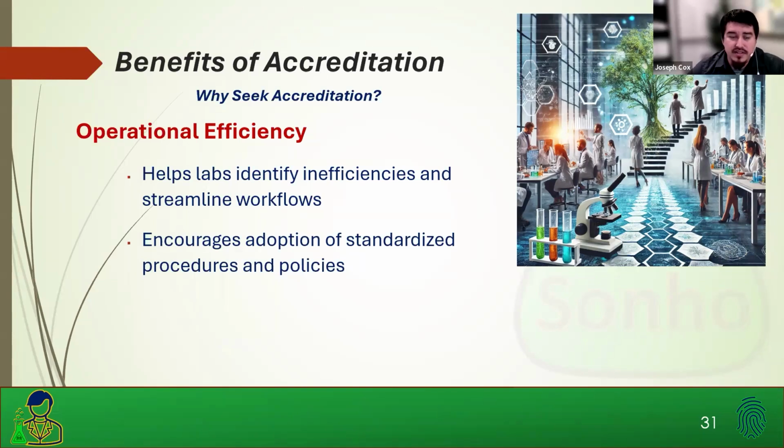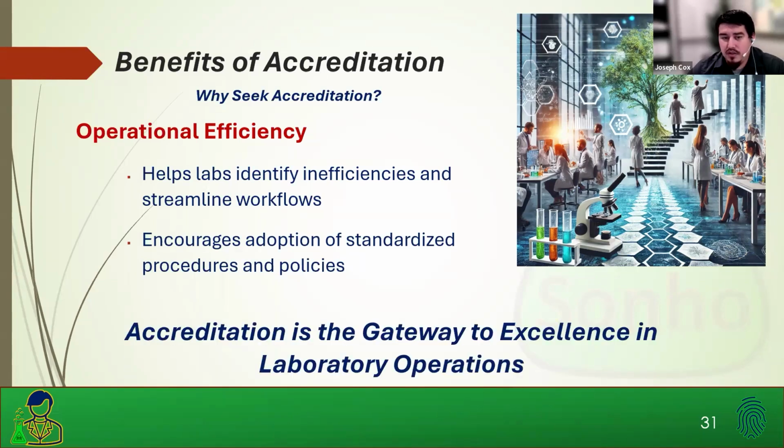The more standardized your SOPs are, and the more they follow general lab practices, the better things are. Accreditation is the gateway to excellence in laboratory operations. So it's the best of both worlds. When you're accredited, you get a lot of support, you still meet the minimum CLIA requirements, and it often boosts your efficiency and makes things overall better.